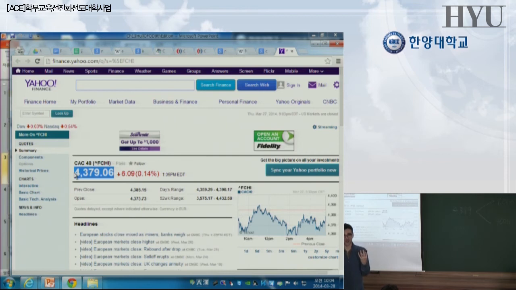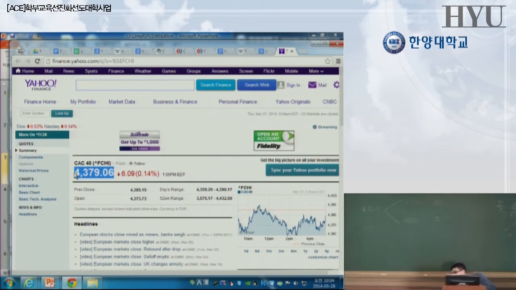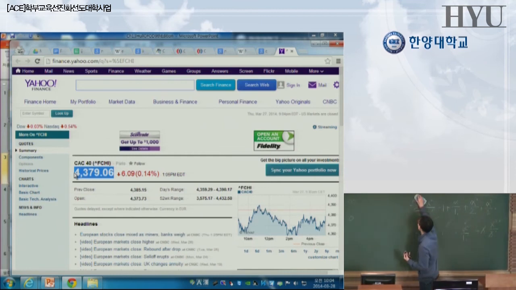Any question until now? No question, right? Okay. So let's calculate the value of this contract. What is the contract that pays $100 if the stock price hits 6,000?